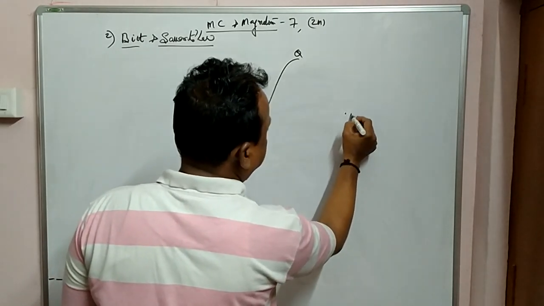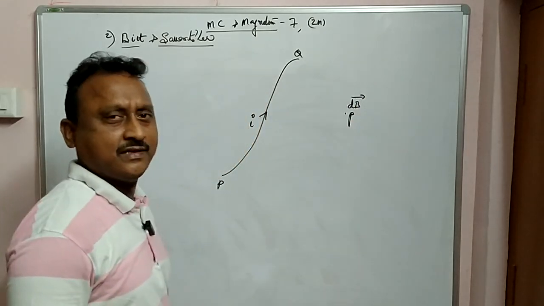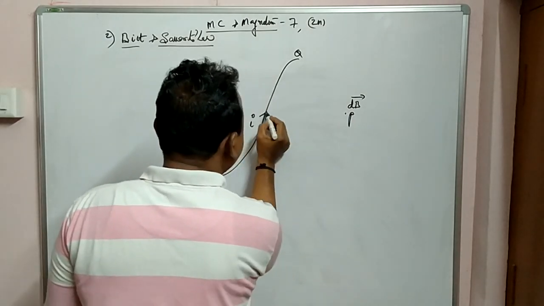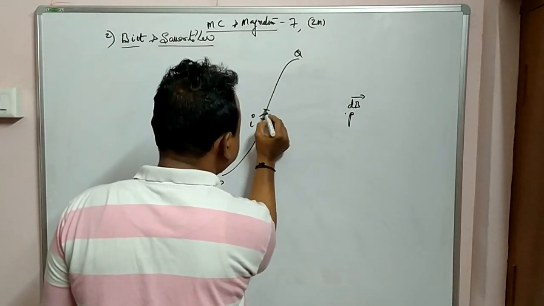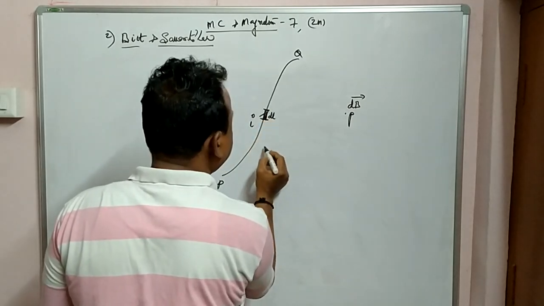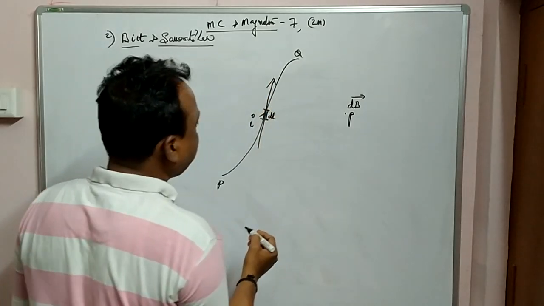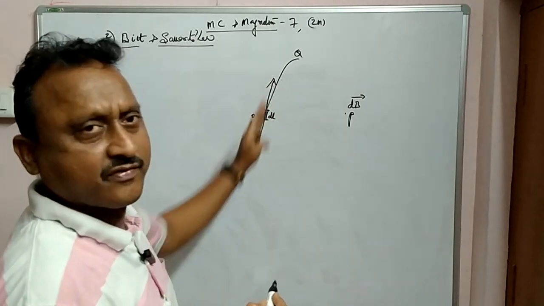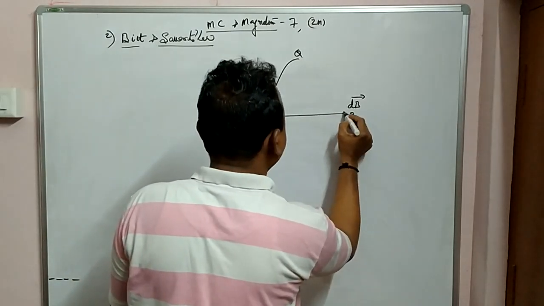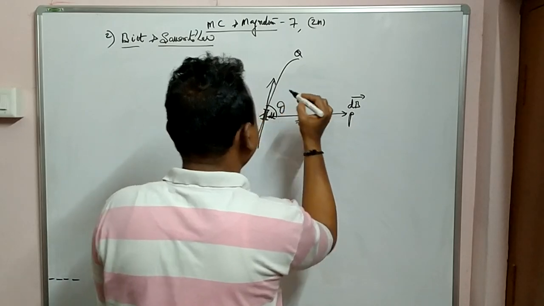Now at the point P, how do we calculate the magnetic field induction dB for a small elemental length dl? dl is along the direction of current. This point P is at distance R and the line makes an angle theta.